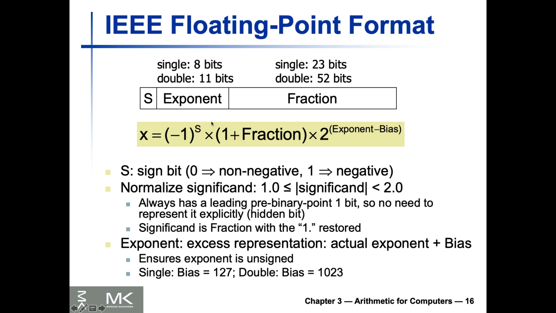How we're going to represent scientific numbers, right? What's going to be the size of the exponent in each of those, single and double, which is 8 and 11, and the fraction size for single and double. Also, for the single we had the bias of 127, and for double it was 1023. Okay.